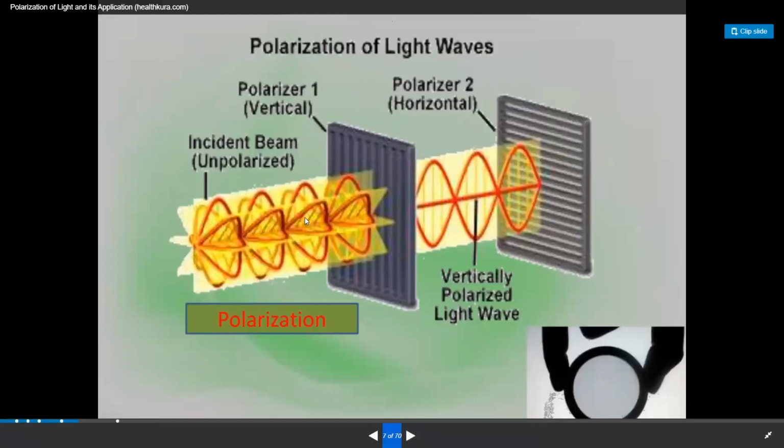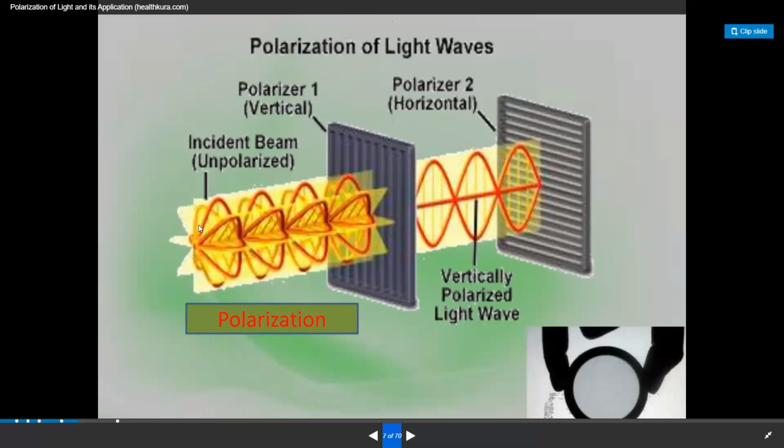Then this is a schematic figure of the phenomenon of polarization. Here it is a polarizer and here is polarizer 2, or we call it the analyzer also. Whenever unpolarized light enters, why is it called unpolarized light?